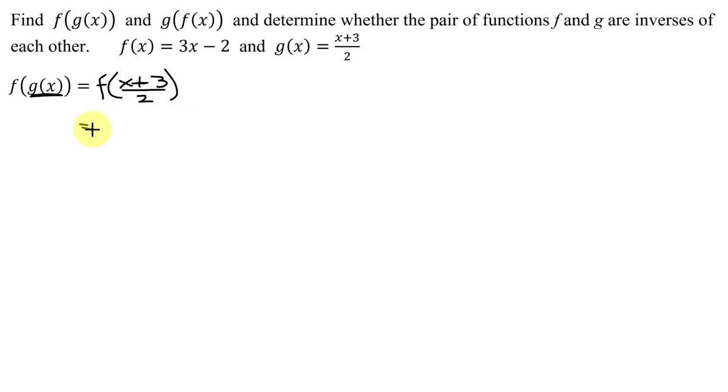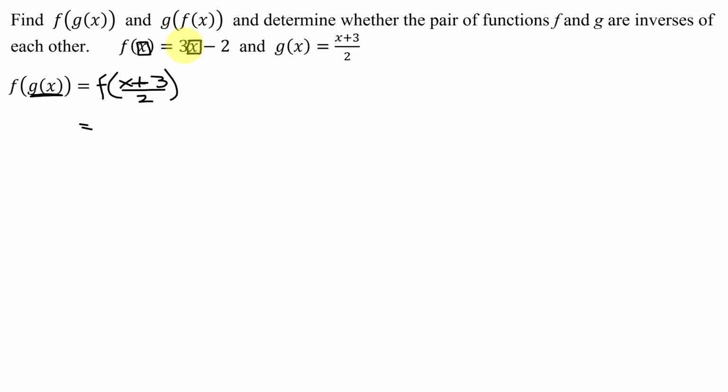So now, to evaluate f at (x plus 3) over 2, I go to the definition of f of x, and if you get confused with all these x's, remember the x is just a placeholder. And what do I have to put in that placeholder? X plus 3 over 2.